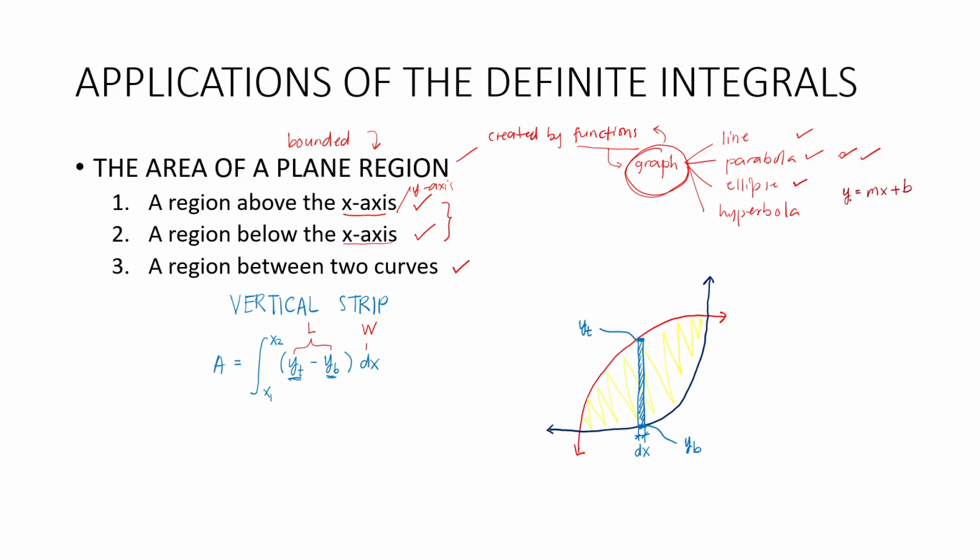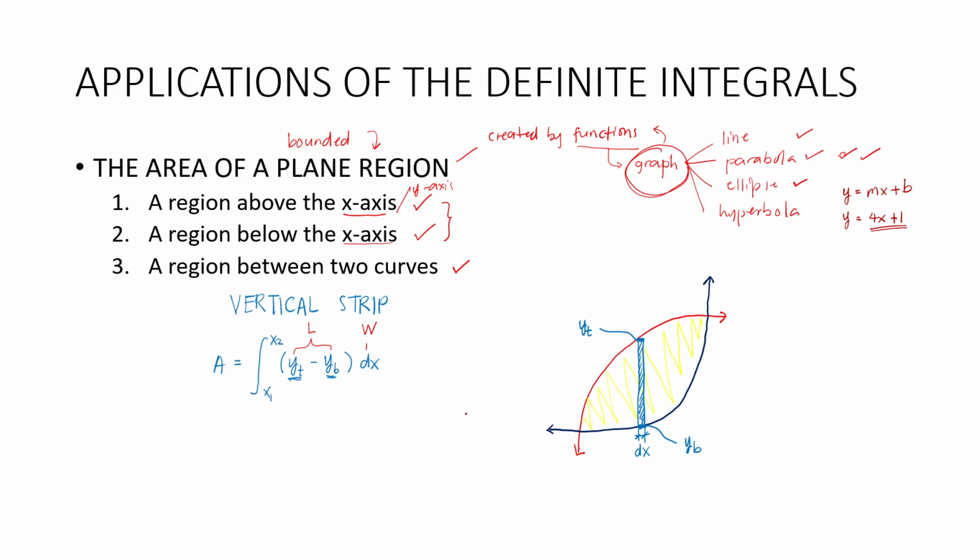So let's say the equation of the line is y equals 4x plus 1, and let's say this one is your y top. So when you plug into y top in the equation, you're not going to plug in y, but you're going to plug in the right side of y, in terms of x. Y in terms of x.